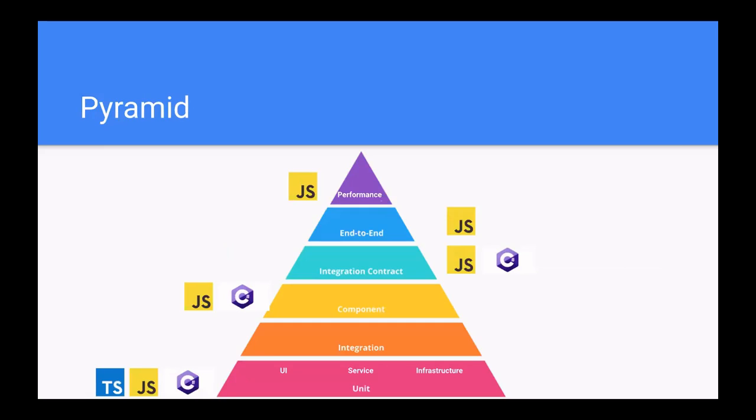So again, if we look at the pyramid and what I was saying about being full stack, now we have a lot of options at all the different levels to use JavaScript or TypeScript if you prefer. So for example, Jest is written as a wrapper around Node.js, and then our end-to-end tests using Cypress or something like Playwright, and then our integration contract tests, we still need to use the native language for that.